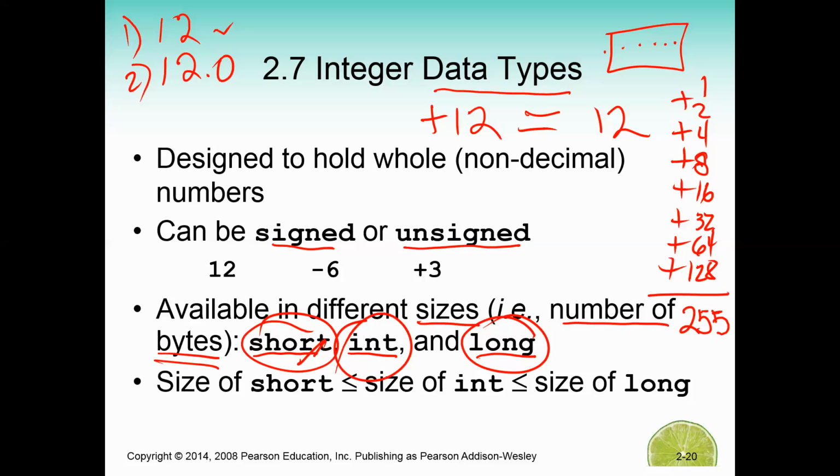So there are 6. Do I have a difference between a short and an int in the size of storage? Short and int. Yes. Int and long? Now it depends on the system.